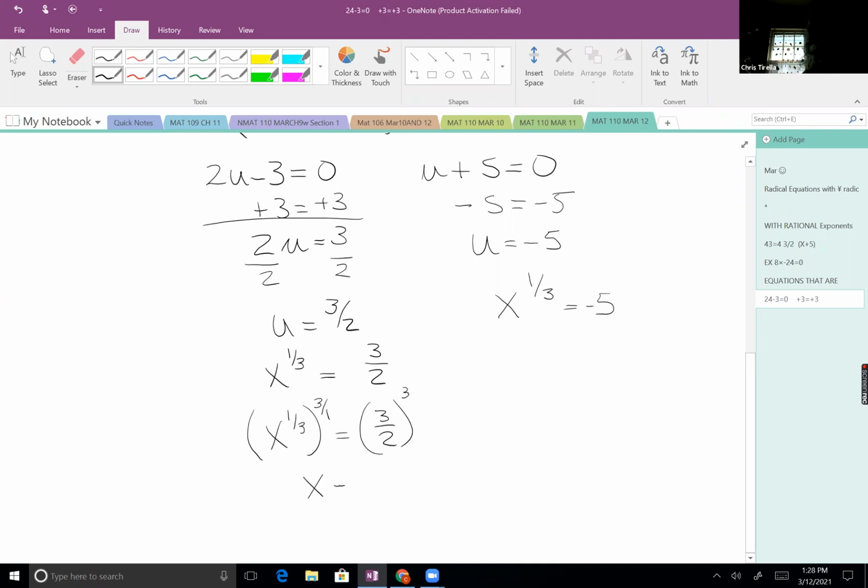And that gives me x equals 3 to the 3rd is 27 over 2 to the 3rd is 8. On the other side, when I have x to the 1/3 equals -5, when I raise both sides to the reciprocal power, I'll raise them to the 3rd. And that gives me x equals -125.